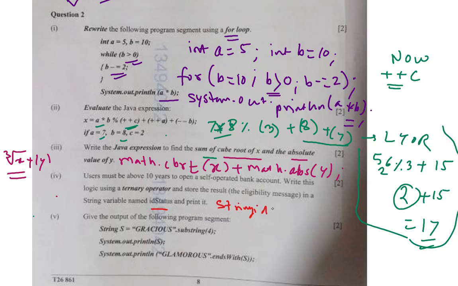String idStatus is equal to what? Age should be greater than 10 years, so I will just say age greater than 10. This is my ternary operator, and the eligibility message I will say: yes or no.